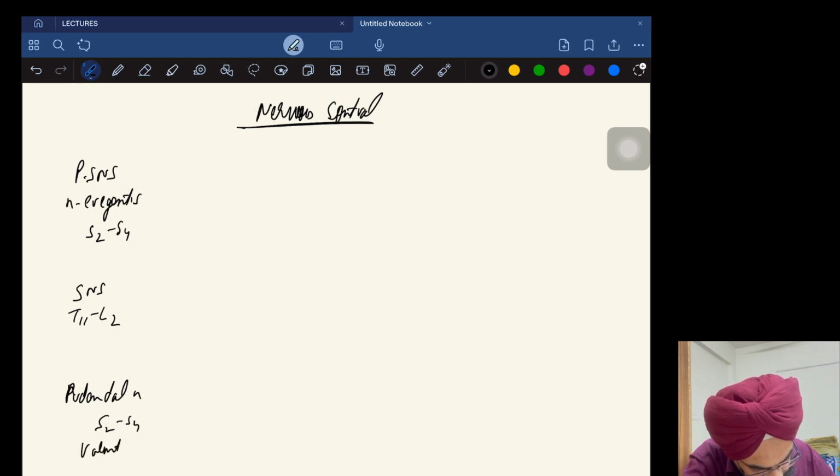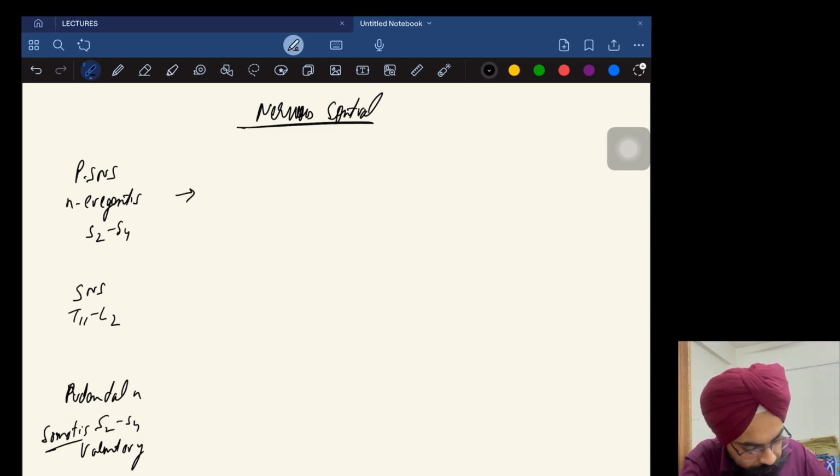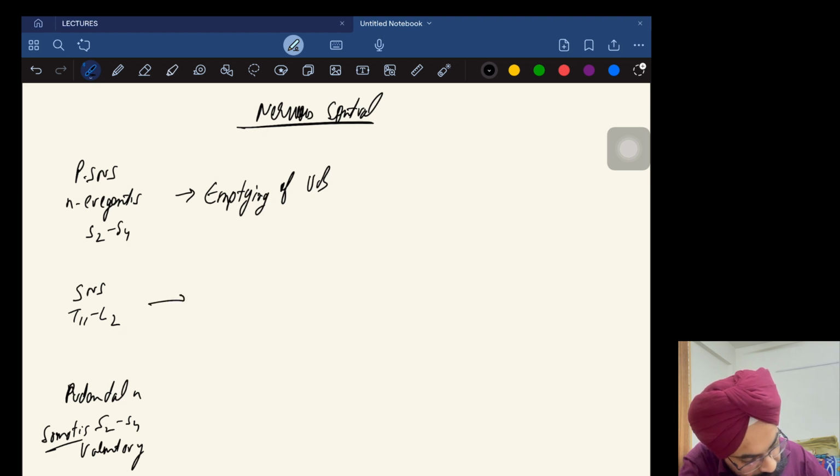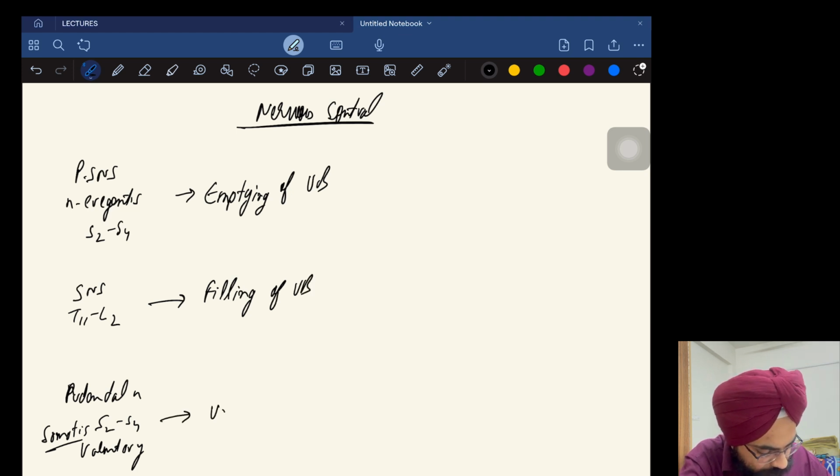This is voluntary, or you can also call it somatic. So what it does is, in this case, it causes filling of bladder. Sorry, my bad. It causes emptying of bladder. Sympathetic causes filling of bladder, and pudendal nerve provides the voluntary control.